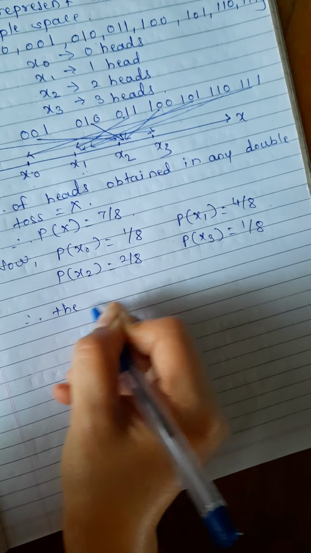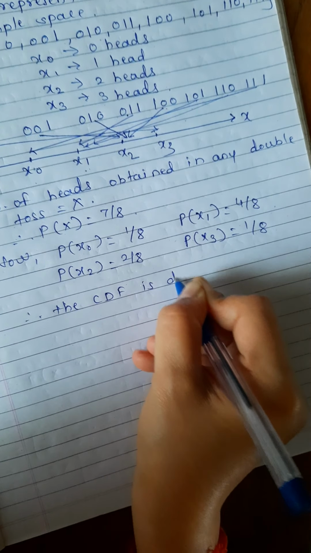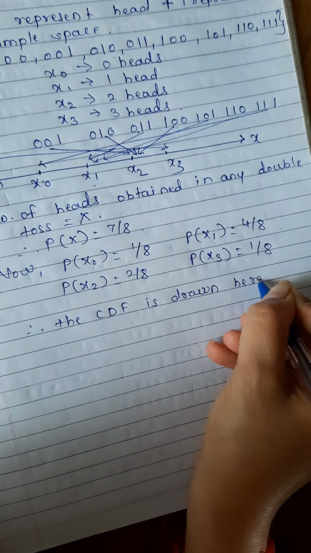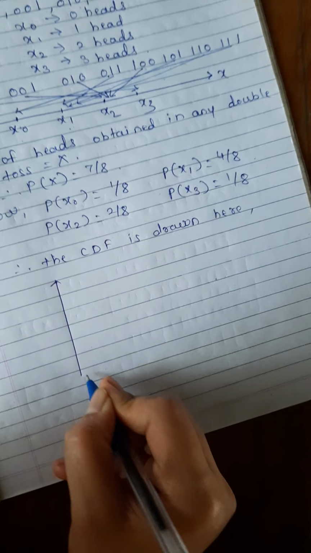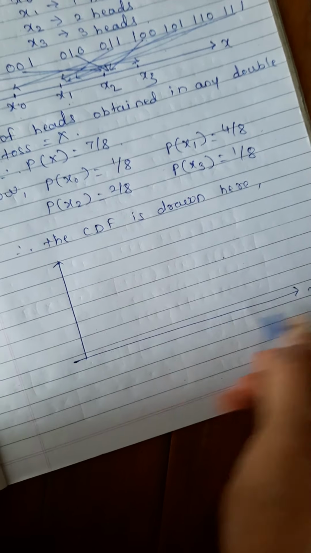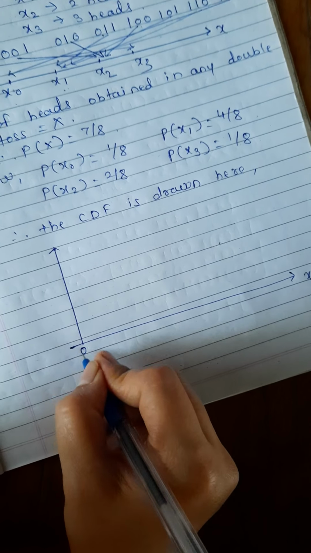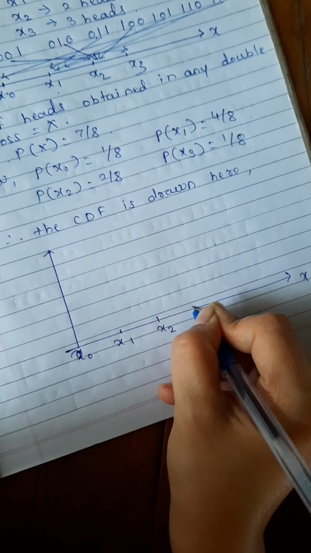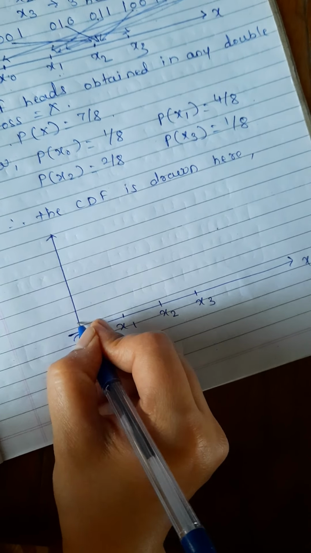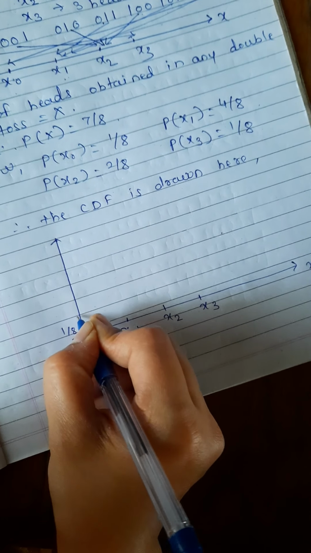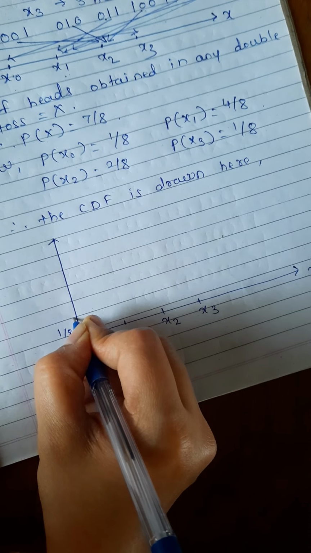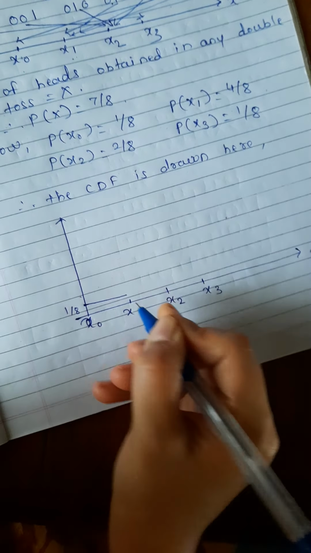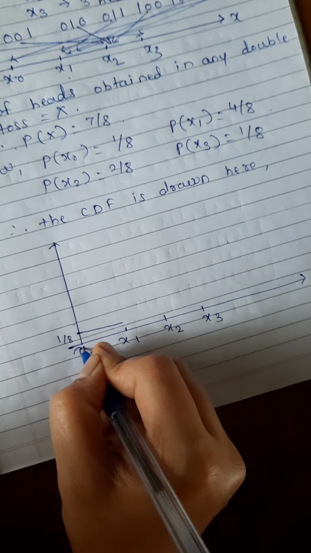Therefore, the CDF is drawn here. This is x, with x0, x1, x2, and this is x3. Now first is 1 by 8 for x0.